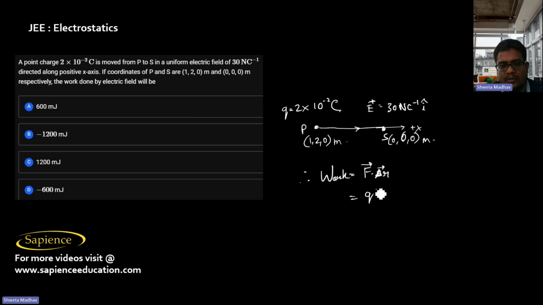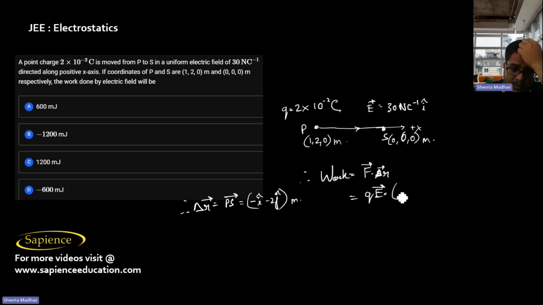Force will be equal to Q into E, dot delta R, where delta R vector is the displacement from P to S, which is minus i cap minus 2j cap meter. So the work done is QE dot minus i cap minus 2j cap joule.